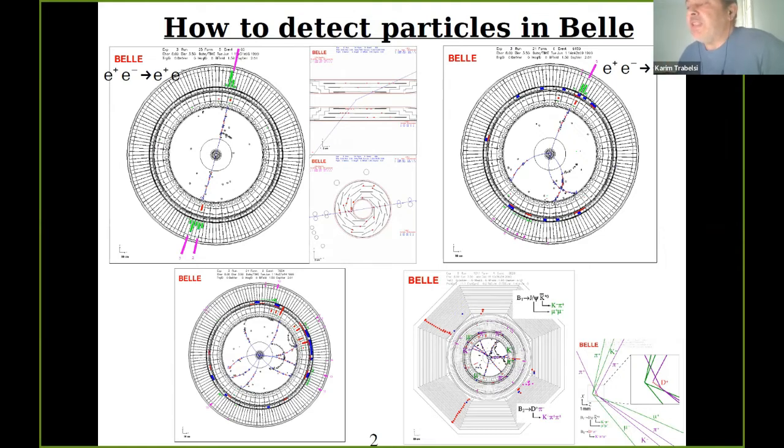Now the whole sentence should be more or less clear for all of you. When we did that, we tried to design our detector in such a way that we maximize the advantage of a clean environment.